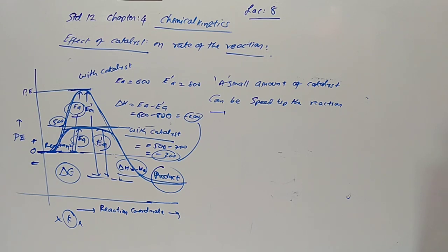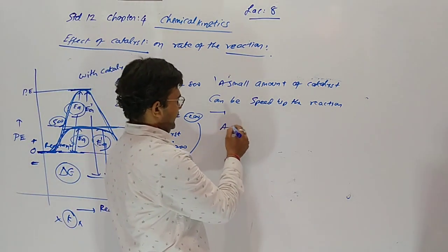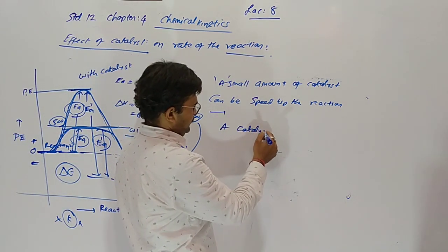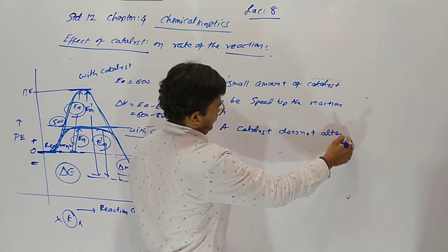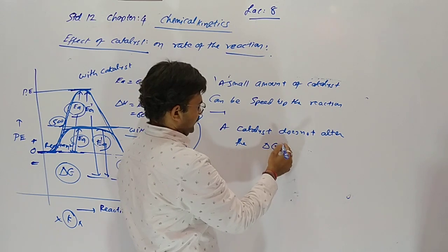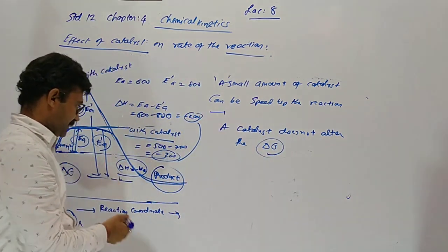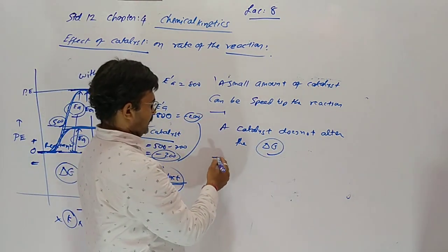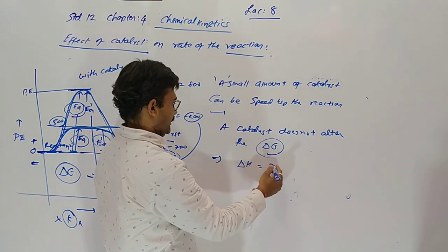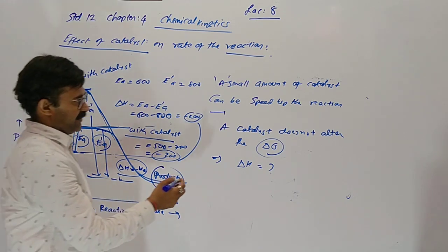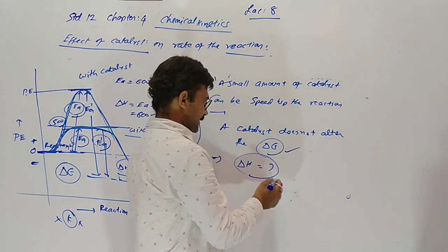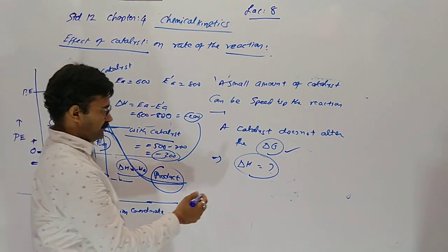A catalyst does not alter, we discussed, the value of delta G. Delta G remains constant and also the value of delta H is constant. When we use the catalyst, the value of delta G remains constant. Delta H remains constant here.